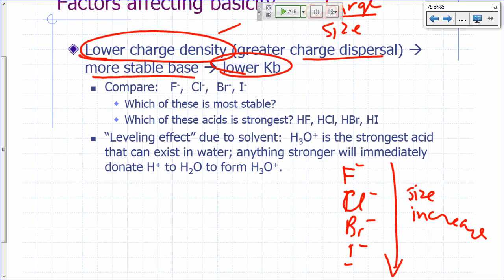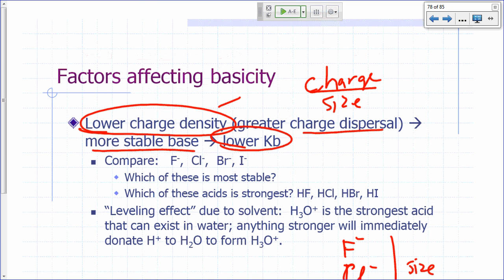So what happens to the charge density? You're getting a bigger size, the charge is more spread out, so you have a lower charge density. Which one has the lowest charge density? Iodide has the lowest charge density, right?